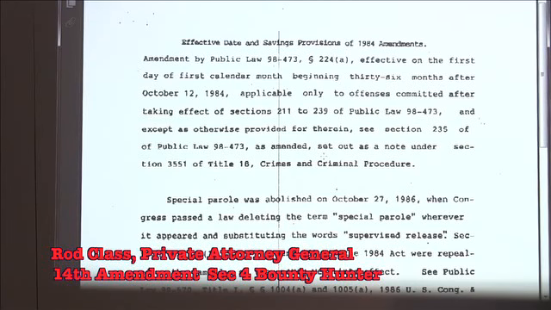See Section 235 of Public Law 98-473 as amended, set out as a note under section.